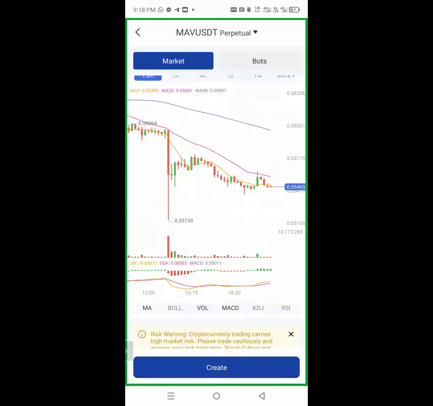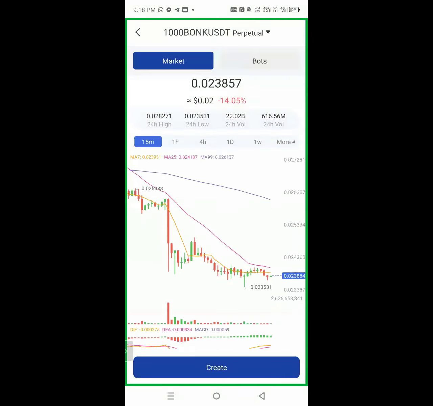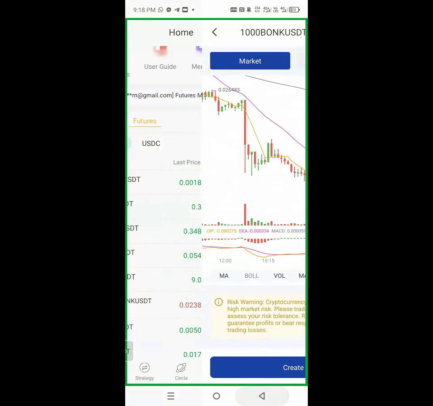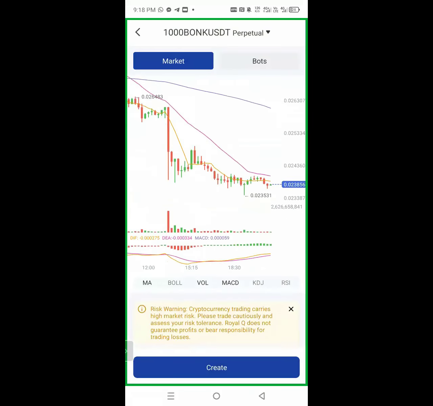So this is how you'll be checking. It's good to enter a trade that is about to cross or is just crossing.